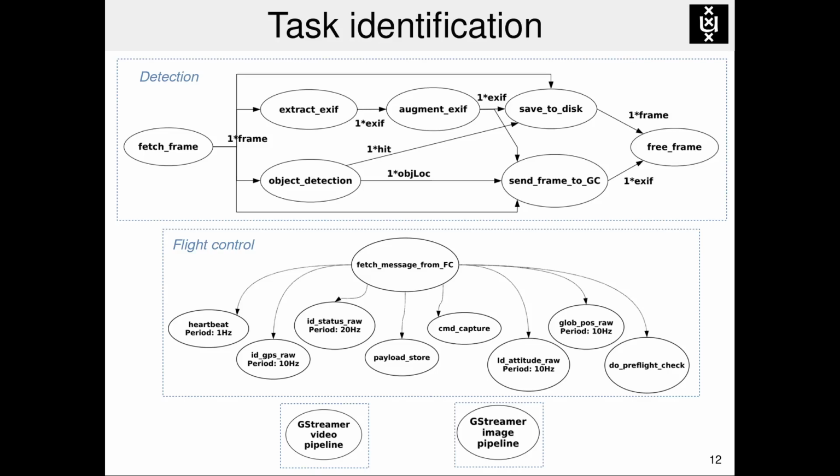The next step of our methodology is to identify the tasks. For that, we looked at the code provided by our industrial partner, and we identified 4 tasks. One is the detection part that will detect objects in the frame.